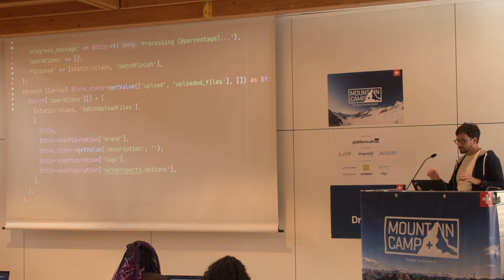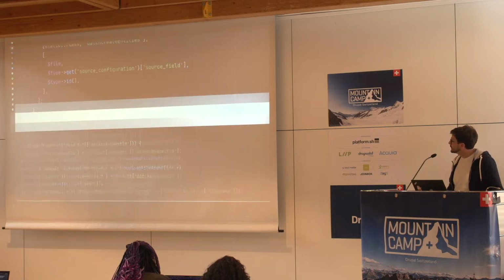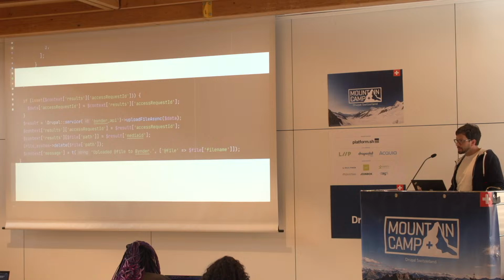If we still need to upload files, then a batch process is first prepared. And in the batch process, we call the Bynder API. They provide a PHP library, so that's basically where the whole interaction is done.